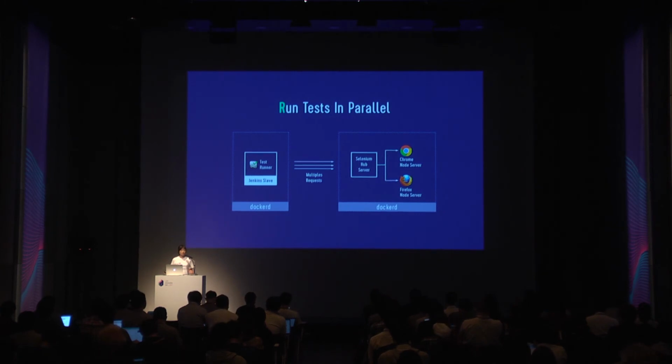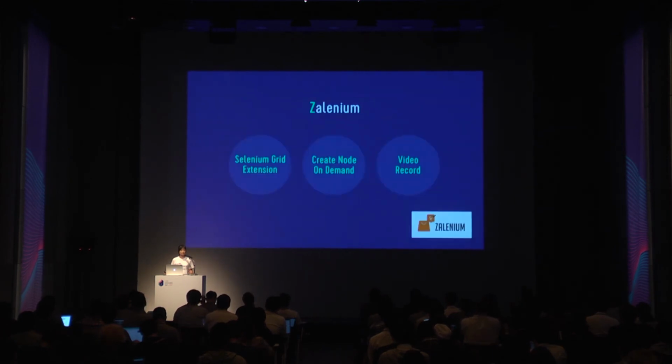Furthermore, you can set up your Selenium grid with its extension, Zalenium. Zalenium is a Selenium grid extension to scale nodes dynamically. It dynamically creates Selenium nodes by request from the test runner container and destroys them in teardown.